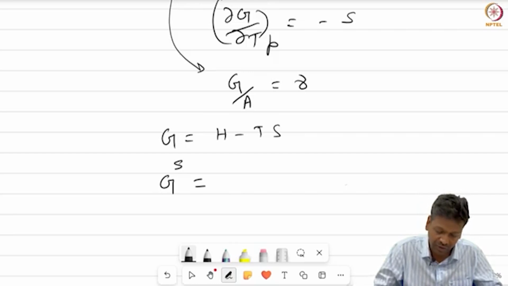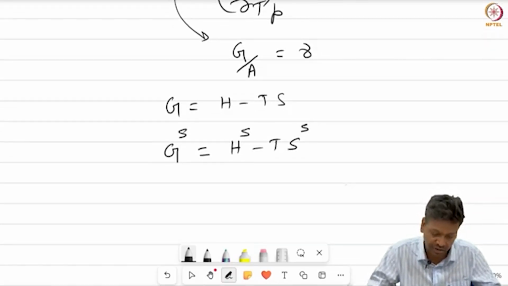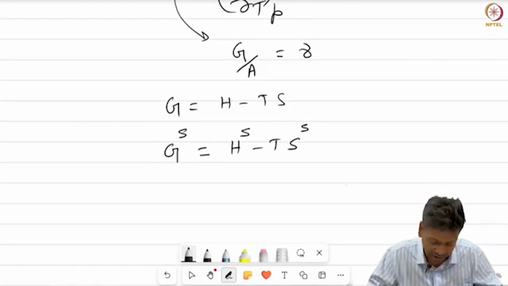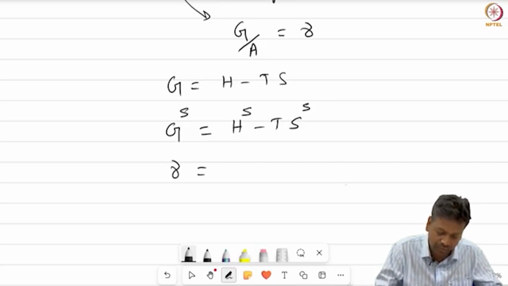In the same way, you can also represent enthalpy superscript S minus T entropy superscript S. So what it represents is we have normalized each term with respect to area. In this case, I can simply write G superscript S as gamma itself. In this way I could bring gamma into this equation.